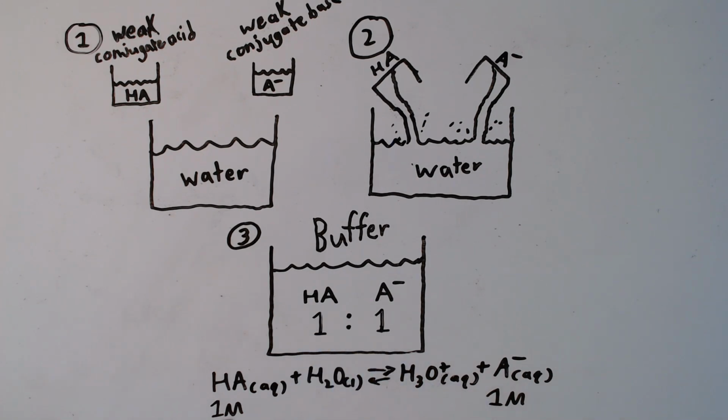So the reaction for this buffer is HA plus H2O gives an H to this H2O and produces H3O+ and A-. So this is how these two, the conjugate acid and the conjugate base, both weak, are related to each other. And the concentration of, let's say, HA is 1 molar and the concentration of A- is also 1 molar because they're in roughly equal amounts.